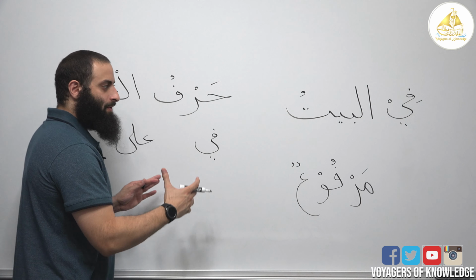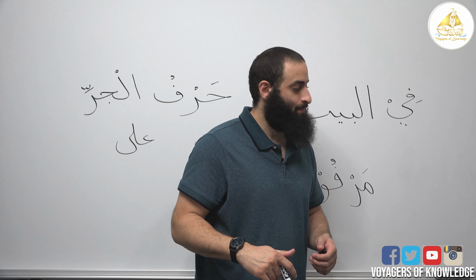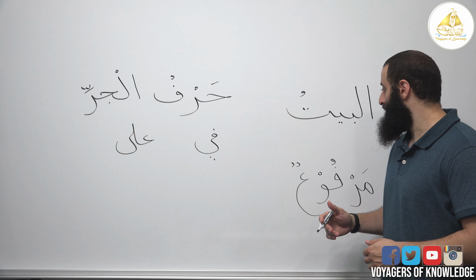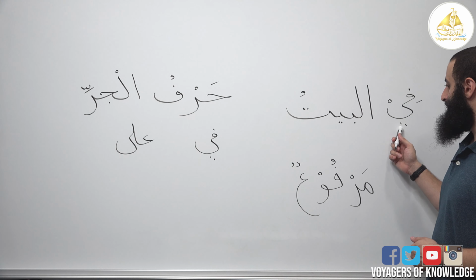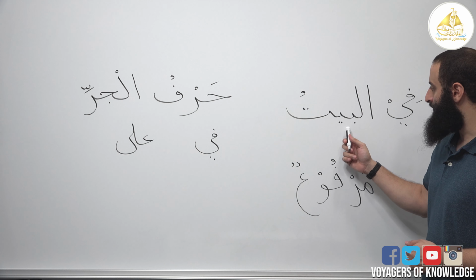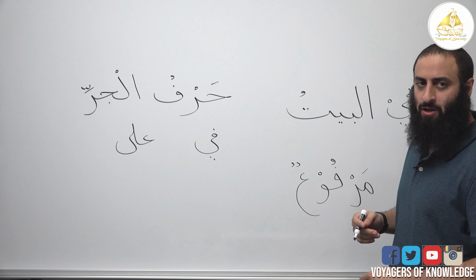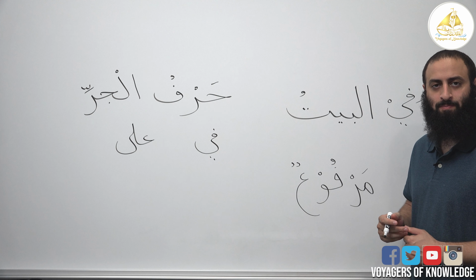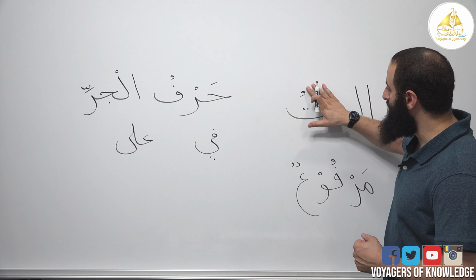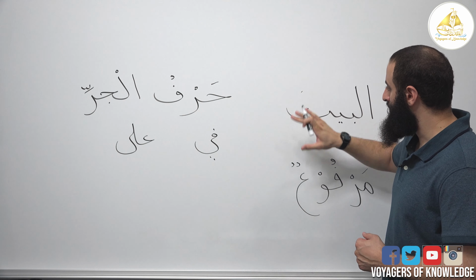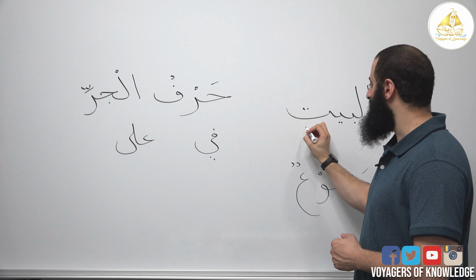If these come in front of a noun, what happens? Well, I want you to have a look real quick. Fi, coming in front of al-baytu, if you look at your book, you will see something on the word al-baytu. You'll see it's not a dhamma here. You'll see it's a kasra.